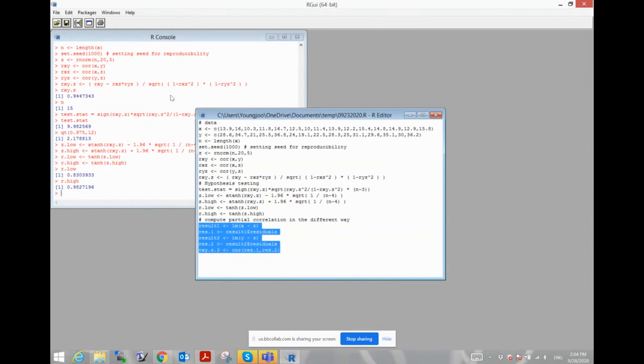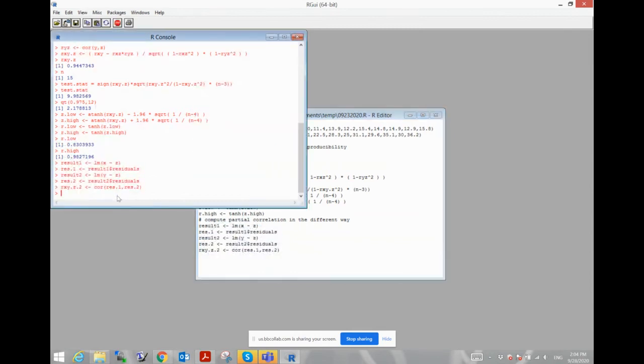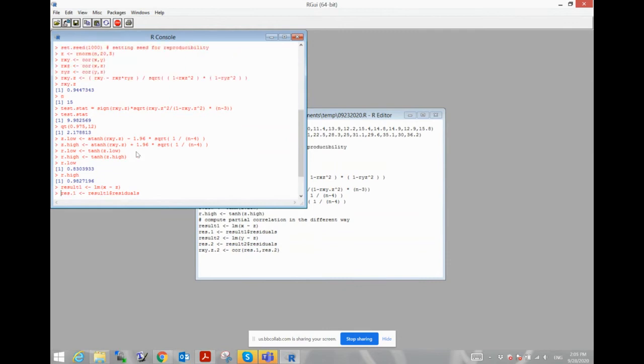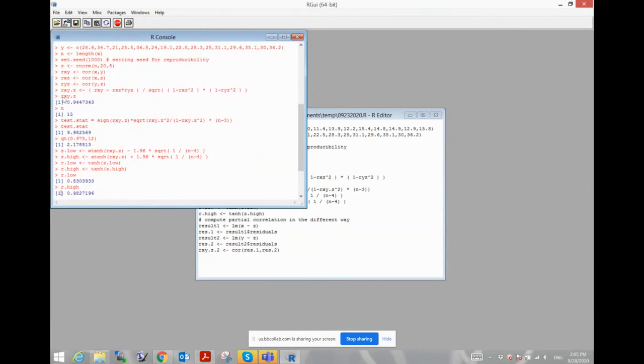So you run this, and you can see that this is identical to what we have as r_xy.z.